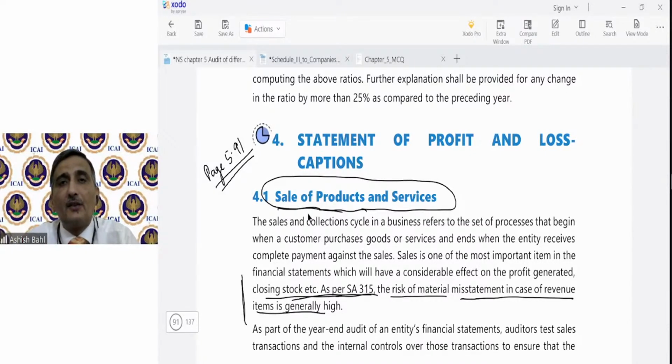We had understood assertions relating to various account balances like trade receivable, trade payables, like equity, like inventories, like PPE.